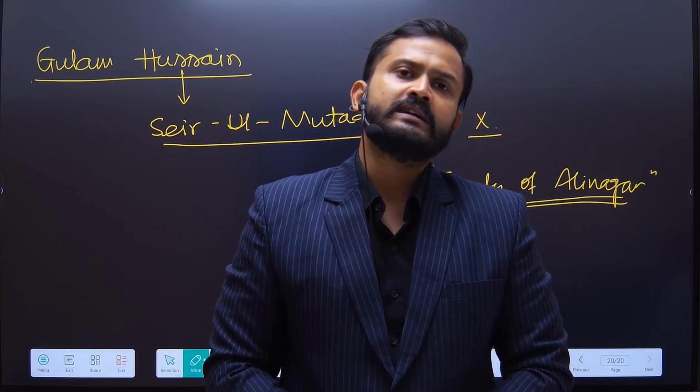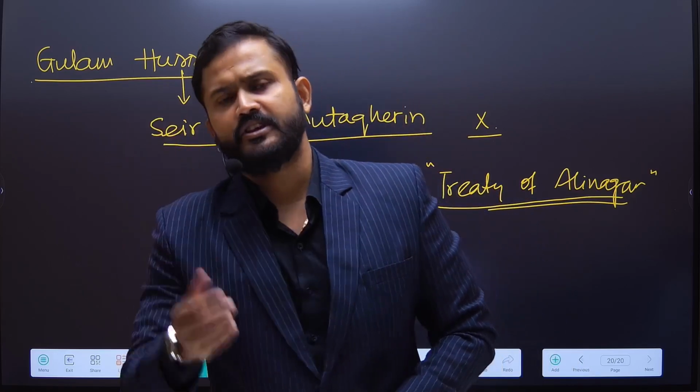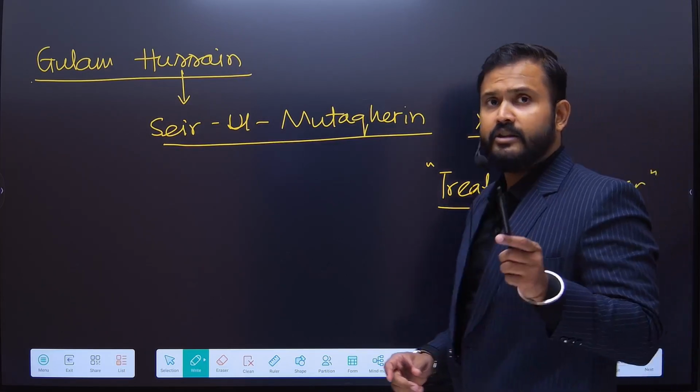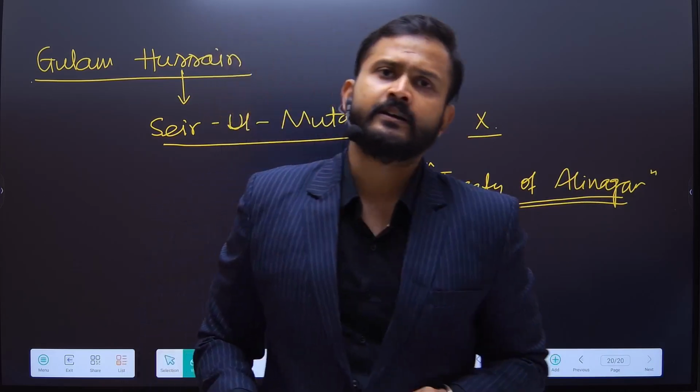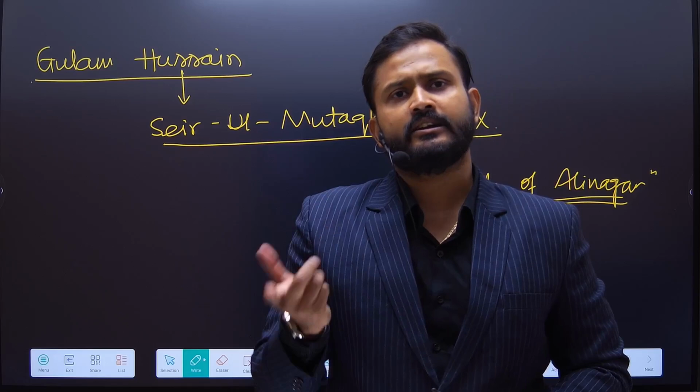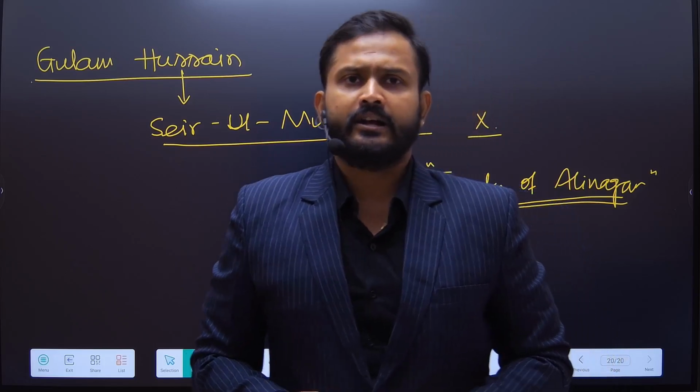Full stop. The insult at Alinagar. Alinagar is basically the renamed Calcutta. Ali Vardi Khan was the grandfather of Siraj-ud-Dawla. He renamed Calcutta, and that is Alinagar basically.